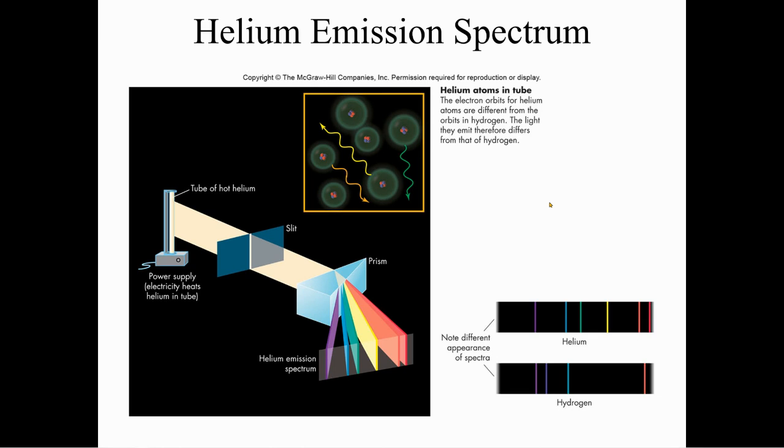Now let's look at the helium emission. Just from looking at the periodic table, helium has 2 electrons. And because helium has 2 electrons, there are more combinations involved in gaining and losing energy. Because of this, helium has a different spectrum.